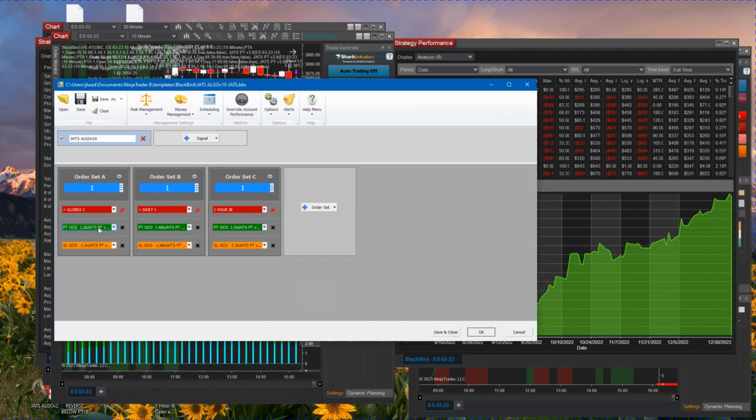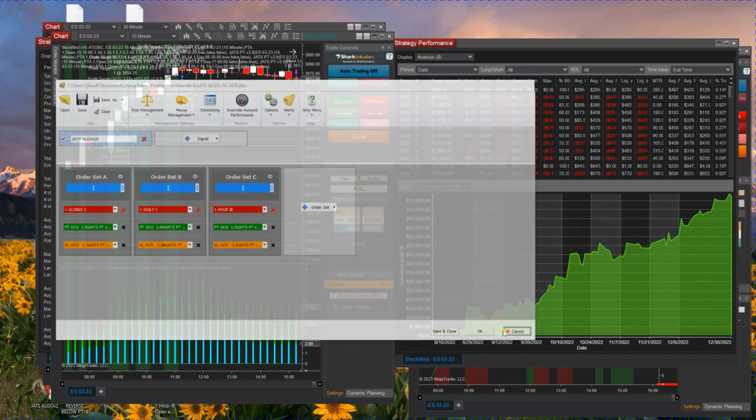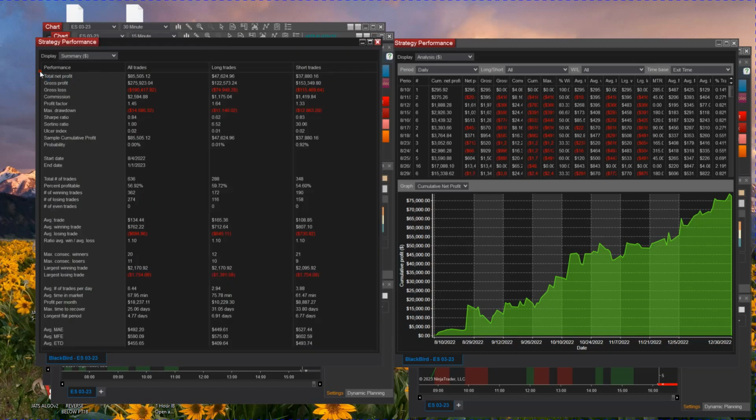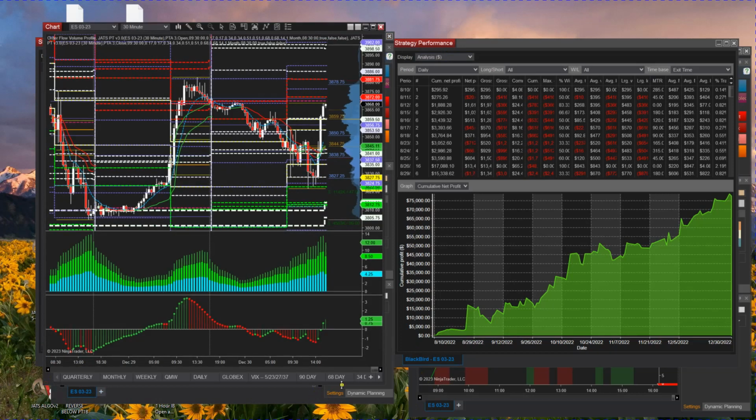I'm just using a 1.5 also like you would the ATR, except on the daily, where I did this on both. I gave it a little bit more room because you're going outside of a higher time frame range. And so the results are better on the Jats PT.